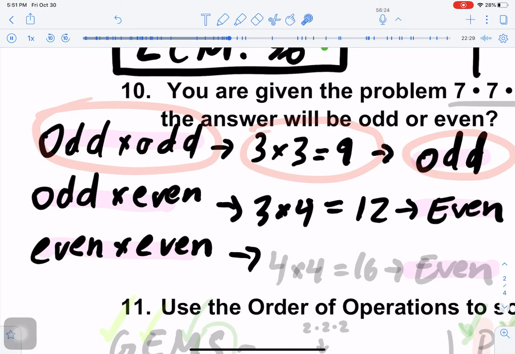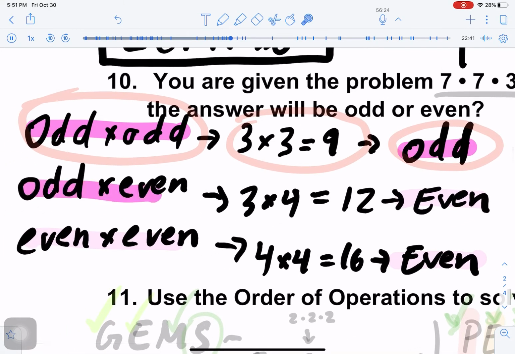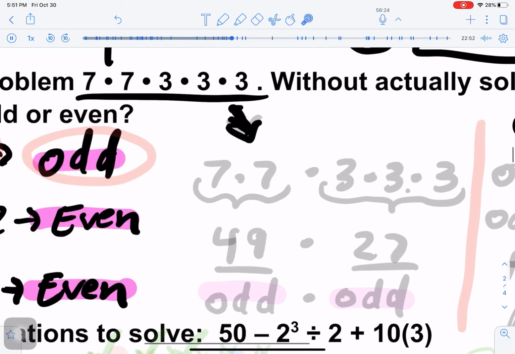And when trying even times even, like 4 times 4, I get 16, so I know the answer is going to be even. Now seeing these things here, odd times odd is odd, odd times even is even, and even times even is even, I can now try to see what this will break apart into.